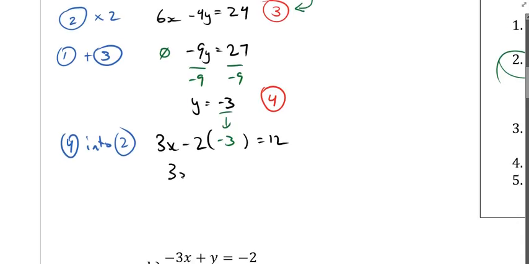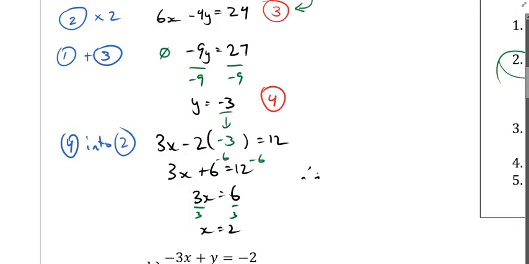And that's 3x, negative 2 times negative 3 is positive 6 equals 12. Subtract 6, subtract 6. 3x equals 6. Divide by 3, divide by 3. X equals 2.